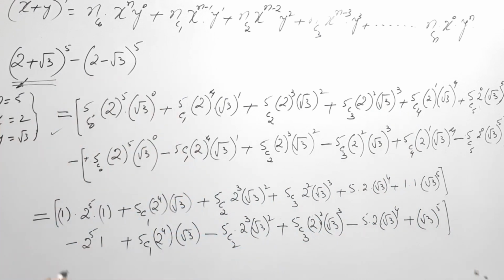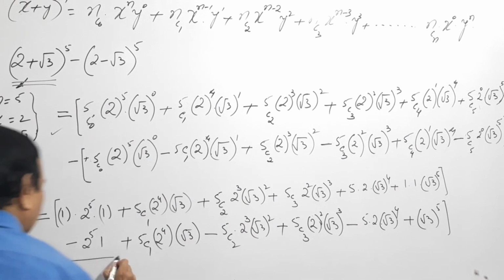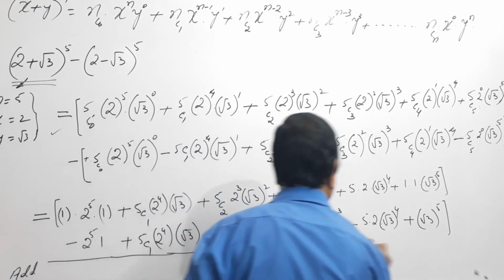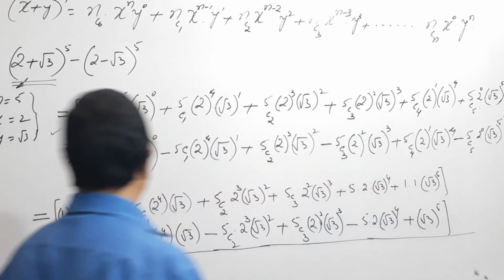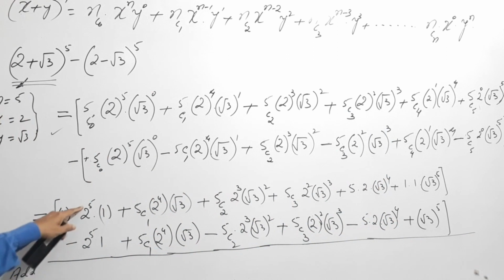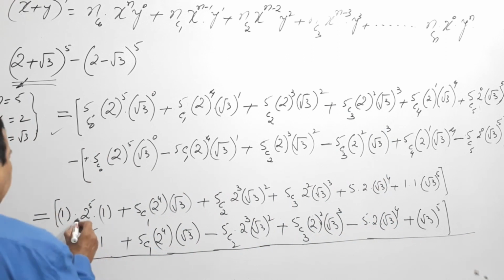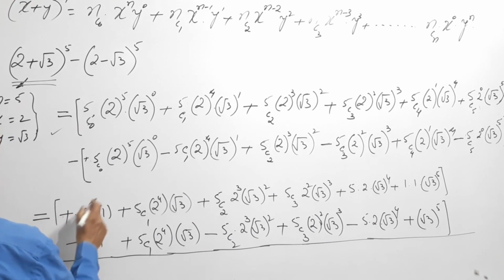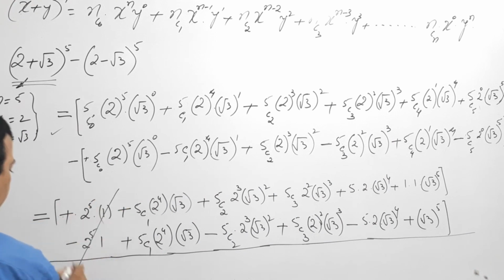Done. Now what I'll do, I'll add it. What happens? I'll add. So you have 2 to the power of 5 plus 2 to the power of 5 and this cancels.